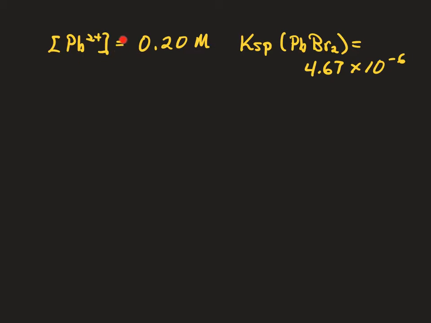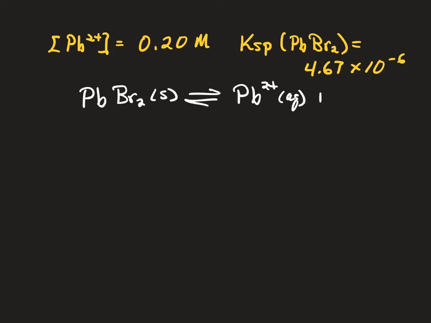Okay, so focusing on our lead ion, we said our lead ion concentration is 0.20 molar. We know the KSP of our lead 2 bromide is 4.67 times 10 to the minus 6. If we write out the dissociation of our lead bromide, the solid is going to form lead 2 ions and 2 bromide ions.